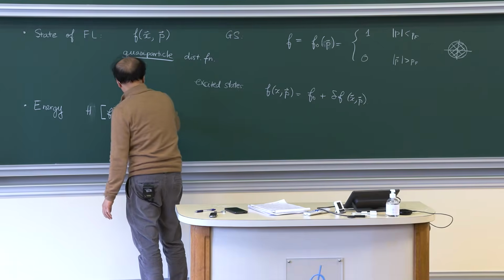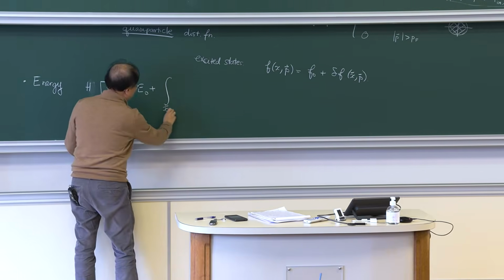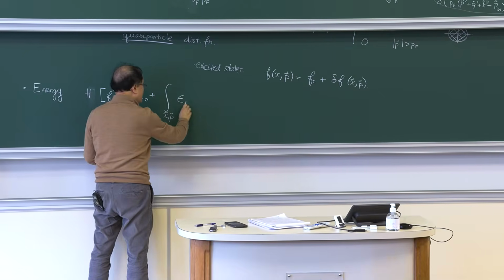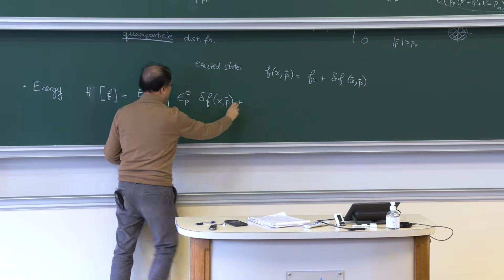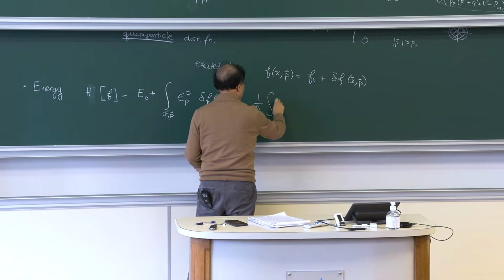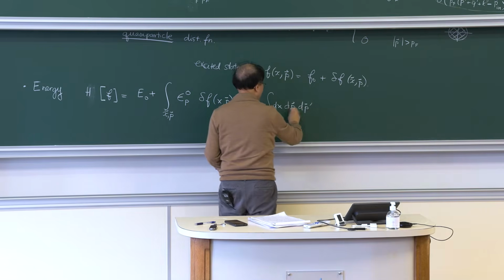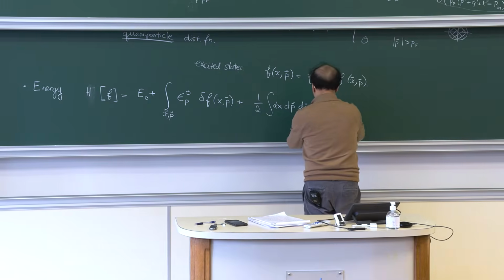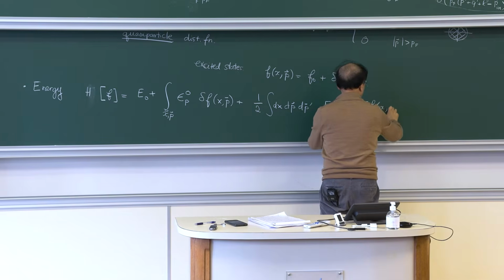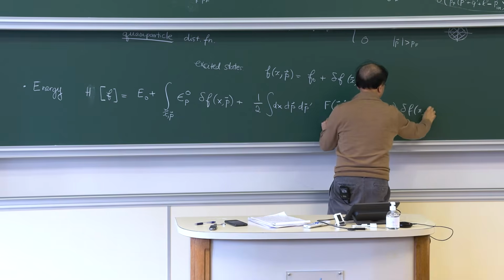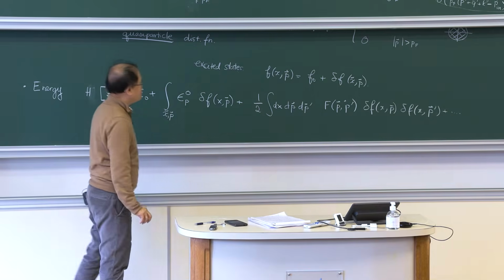So it is E0 plus integral over x and p of epsilon p0 delta f of x, p, plus 1/2 integral over p and p prime of f of p, p prime delta f of x, p delta f of x, p prime. I'm going to write only two terms. The standard Landau theory stops at the second order.